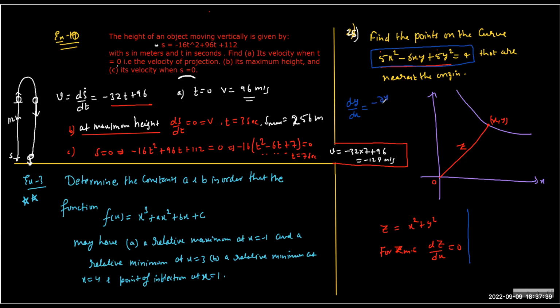Minus del z by del x, over del z by del y. I think this part you don't remember. So how to make z first? First of all, we have to rewrite this as z equals to, bring everything on one side.